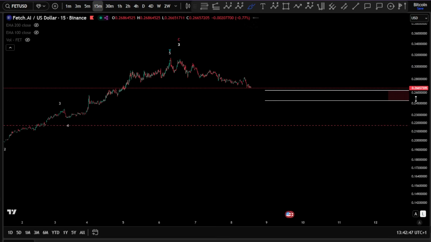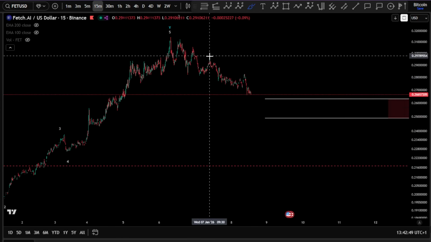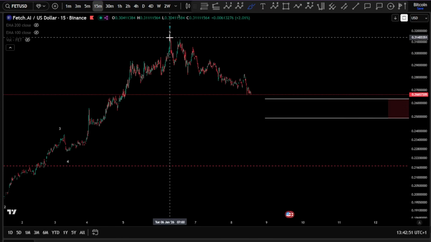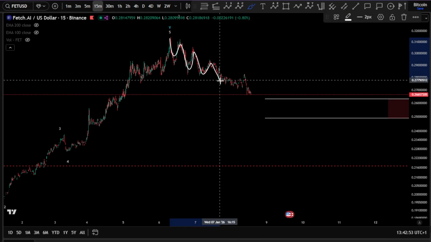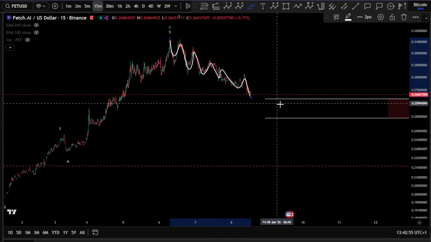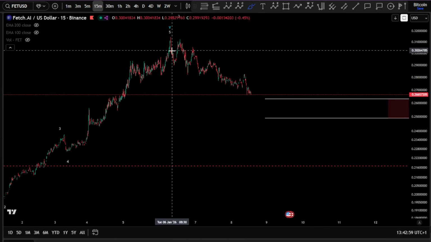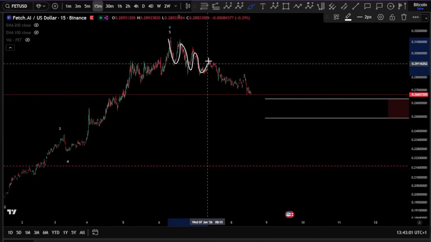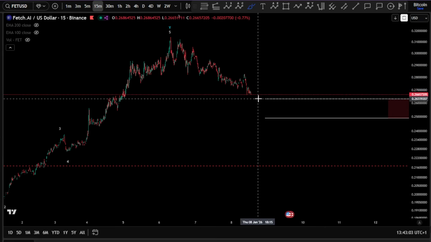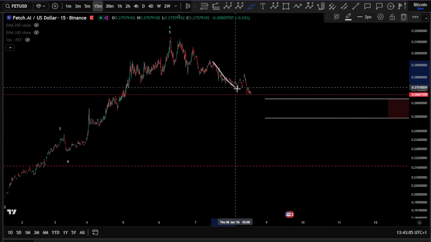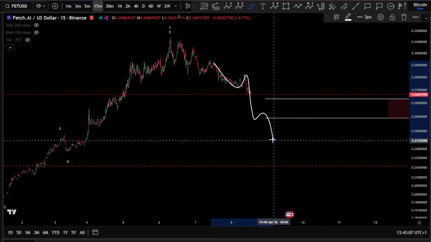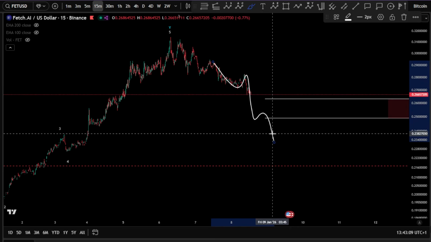On the 15-minute chart, we start to see a potential of several 1-2s. I can't say yet that I see a wave 3. These are several 1-2s unfolding. But yes, we need a wave 3. If this is your wave 3, 1, 2, 3, 4 and 5, that will be very aggressive.